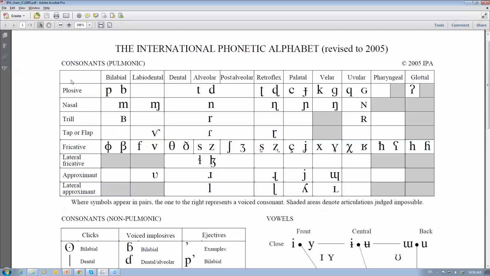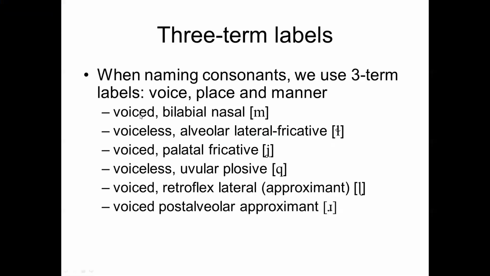We can say something is a plosive and something is bilabial, add that together with what the voice is doing, and you have the articulatory description for that sound. So when we label sounds, we usually use all of these three terms: voice, place, and manner. And when you say something is a voiced bilabial nasal, you understand it to be this symbol. Right? So something we are working our way up towards.